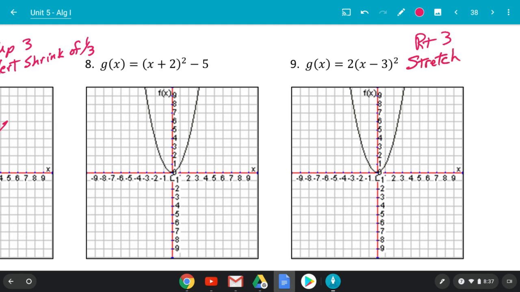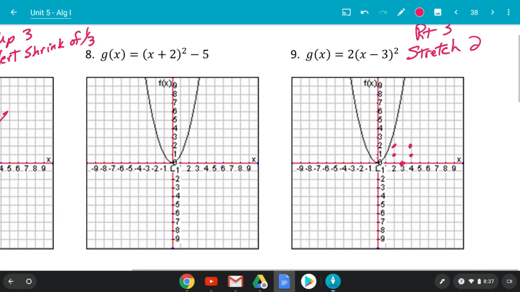So it's going to go right 3, but then it's going to stretch to 2. So it'll be there and there. How many people got that one?